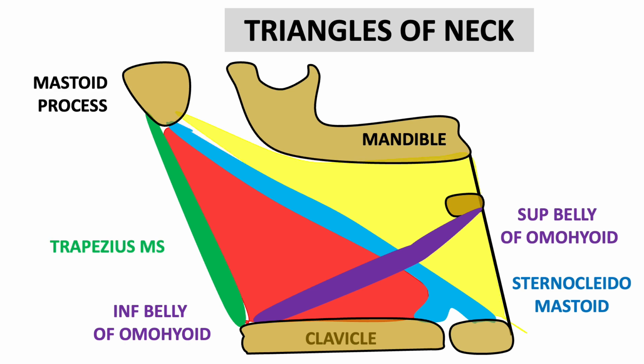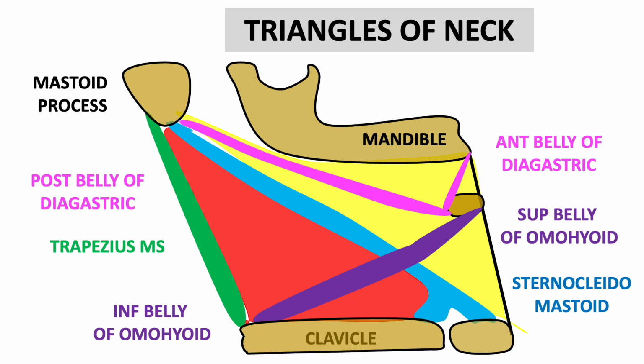Then we have another muscle that arises from the mandible and attaches to the hyoid bone, and this is the anterior belly of digastric. After insertion into the hyoid bone, this muscle goes posteriorly and is called the posterior belly of digastric.